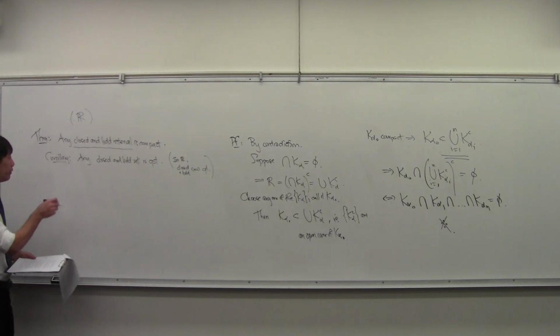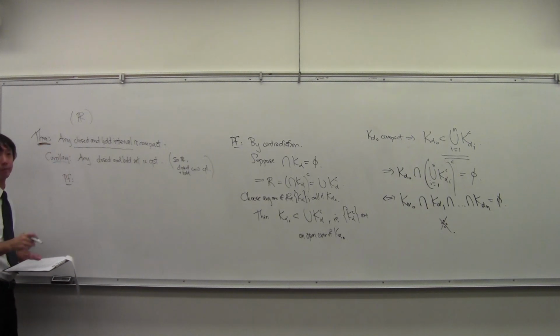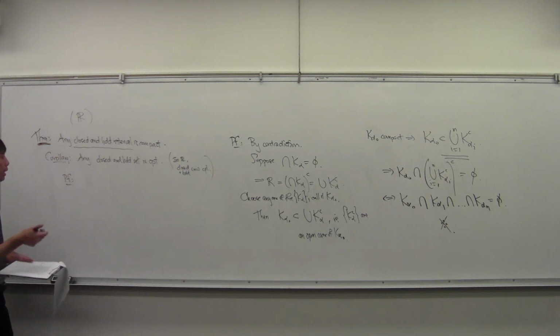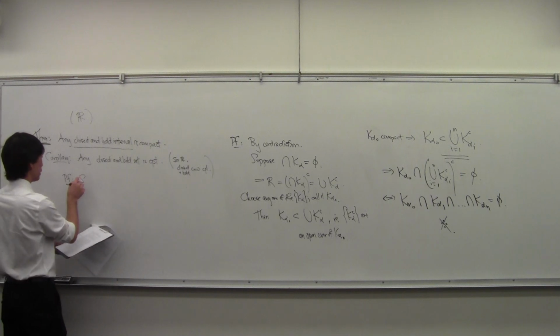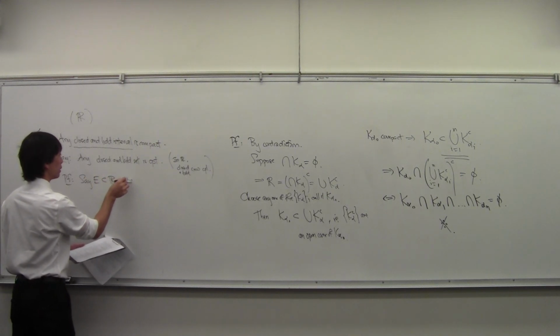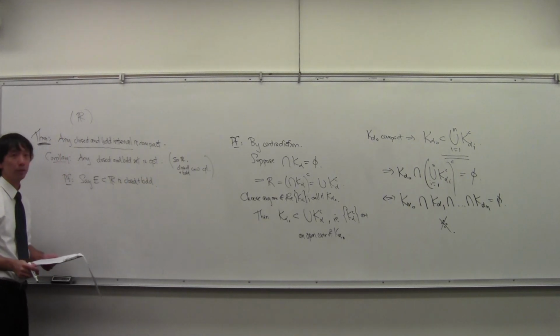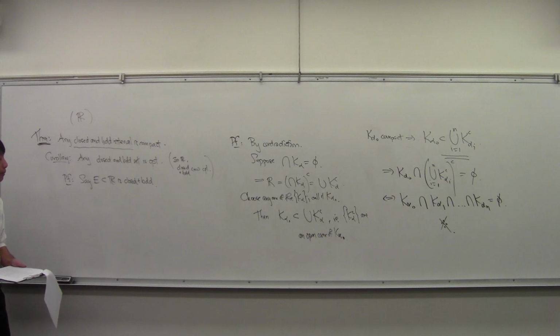Let me prove the corollary first. So assume we have this theorem. Suppose that E is closed and bounded. Suppose you have a set that's closed and bounded.